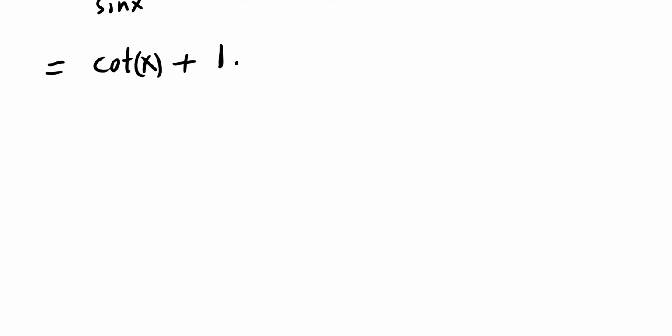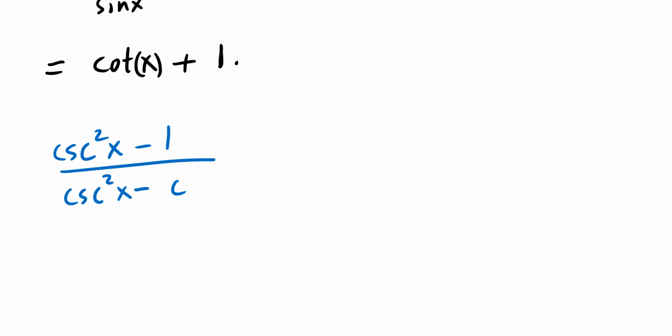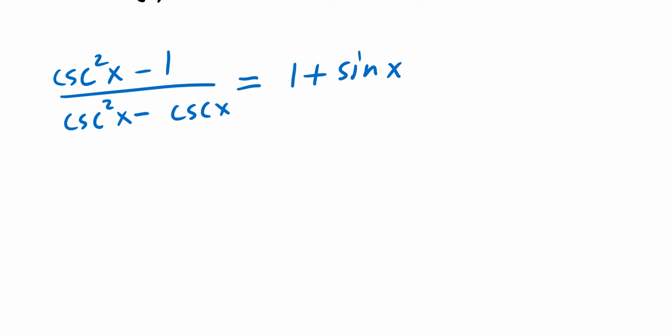More examples. Let's say cosecant squared x minus 1 over cosecant squared x minus cosecant x equals 1 plus sine x. I would start with the left hand side, as we get more options to deal with.